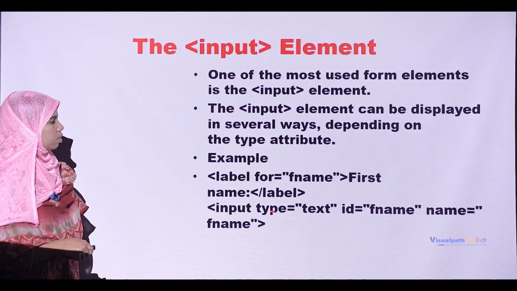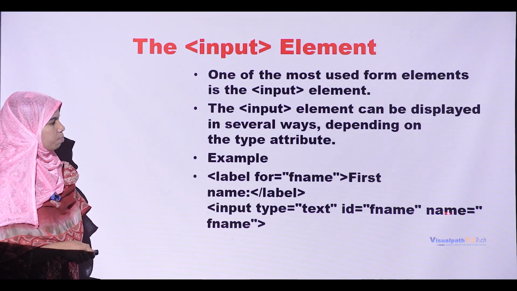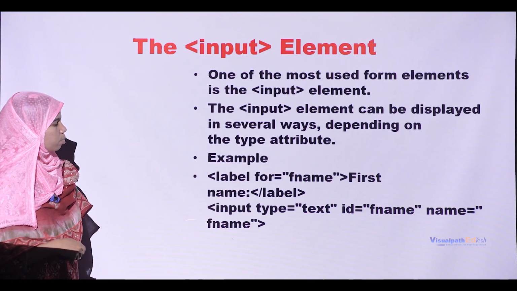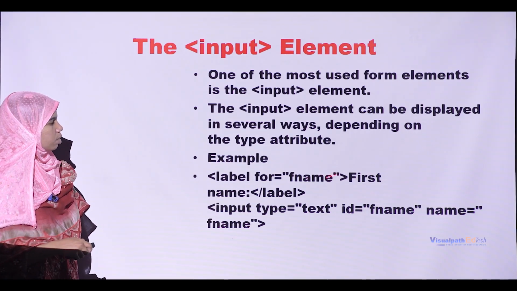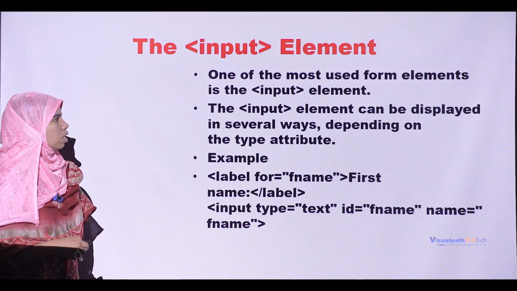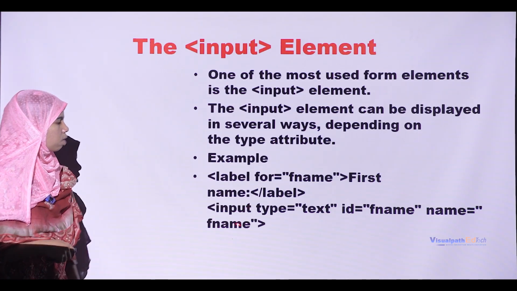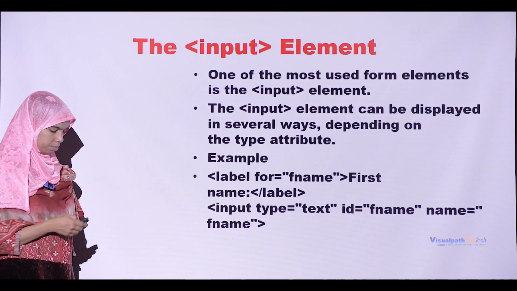Input type: the type of the input is in text format, id, from where it has to fetch the data, this fname. And the name of this attribute is fname, right? So this input element can be displayed in various ways. One of them is available in front of you.